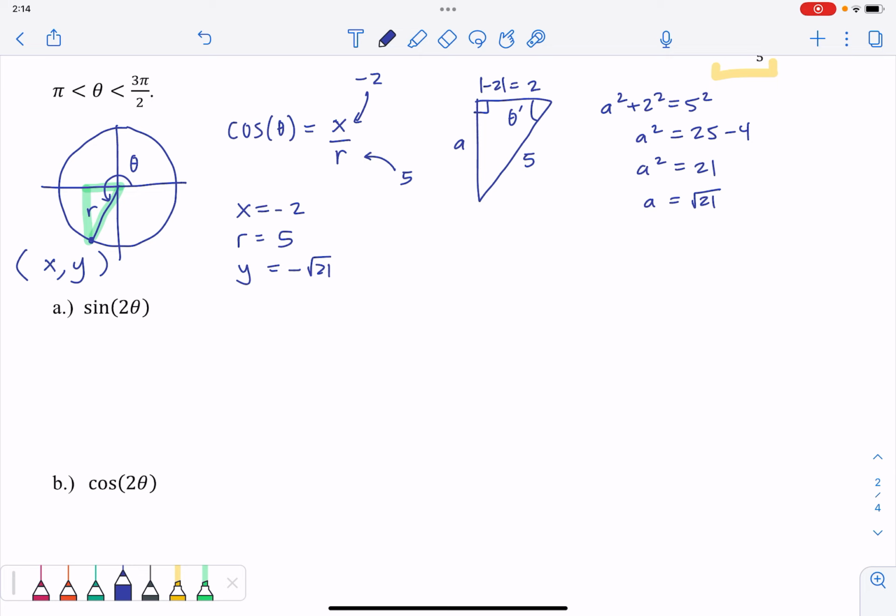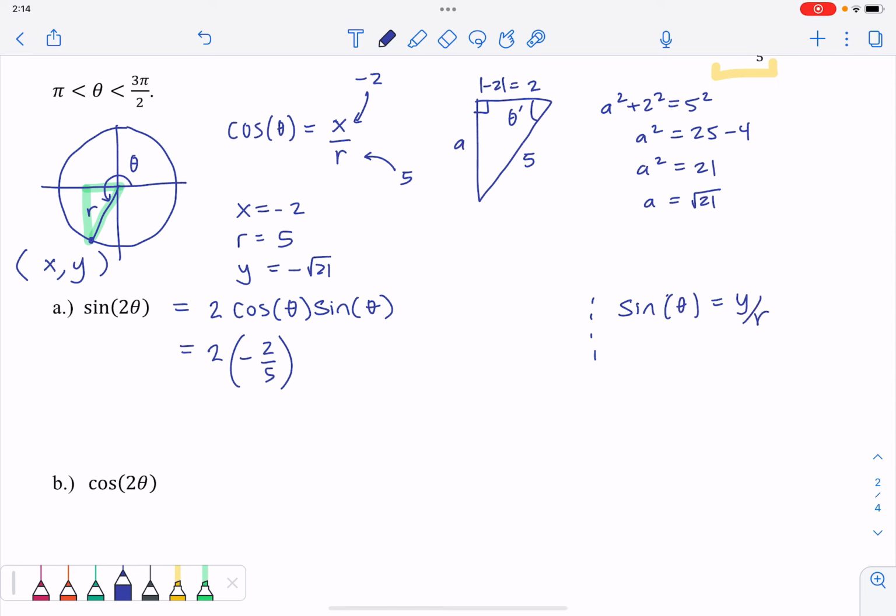So, like determining the value of sine of 2 theta. Well, sine of 2 theta is 2 cosine theta sine theta. So I just need one each of those factors. Okay, so here's my 2. What is cosine theta? I already know that. It's negative 2/5. Okay, well, what would sine theta be? Well, I know that sine of theta is y over r on a circle with radius r.